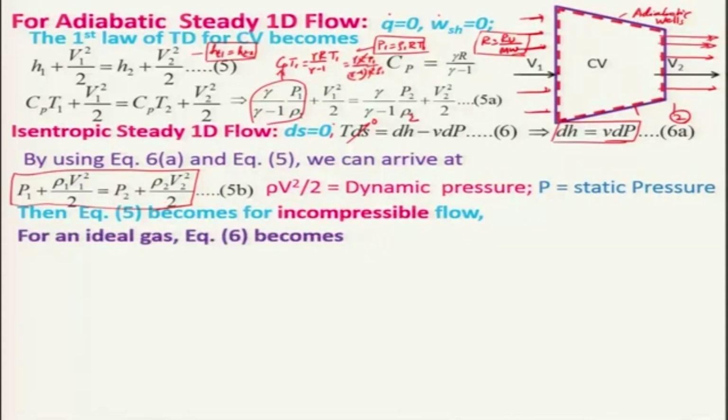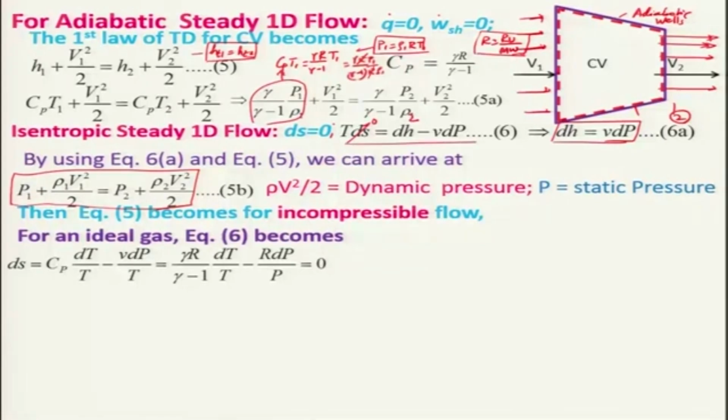And for an ideal gas, equation 6 becomes Cp dT by T minus v dP by T is equal to, in place of Cp, we can place this expression, that is gamma R divided by gamma minus 1, which we have derived here, right.